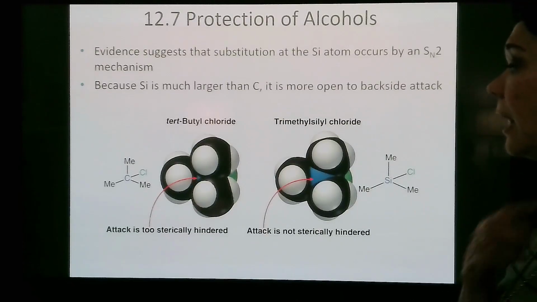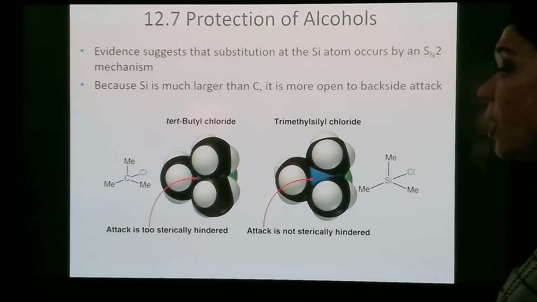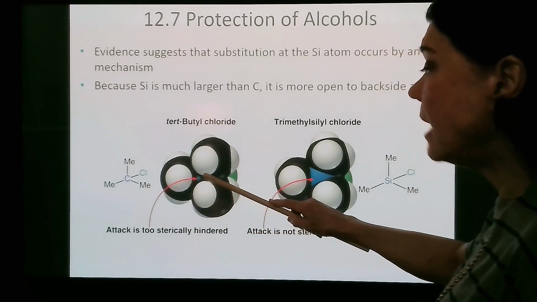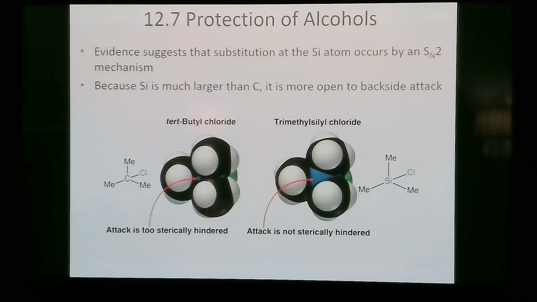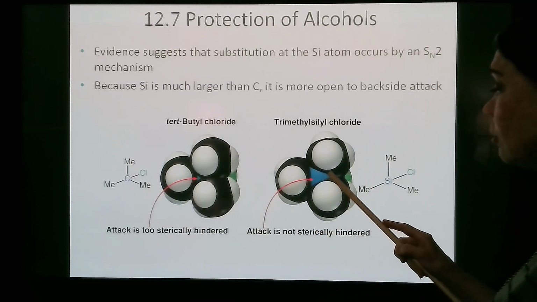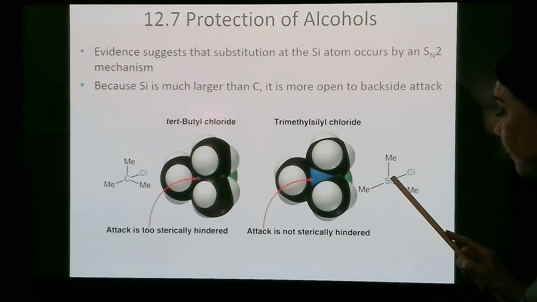So this is explaining what I just said to you a minute ago. So if this were carbon, you would not have an SN2 reaction here on t-butyl chloride. But on the trimethylsilyl chloride, the corresponding silicon compound, this is the analogous silicon compound.